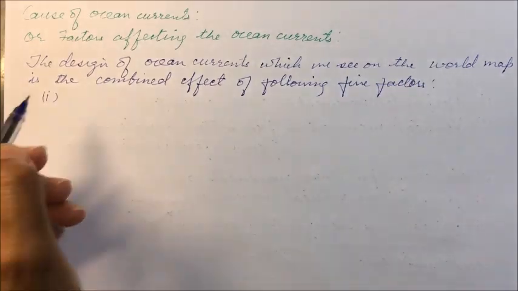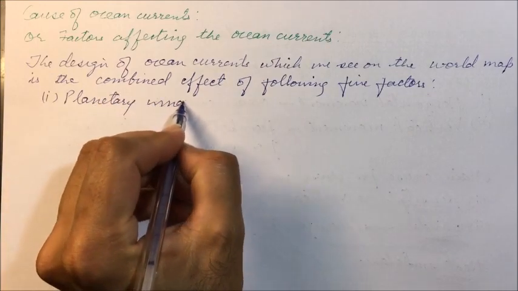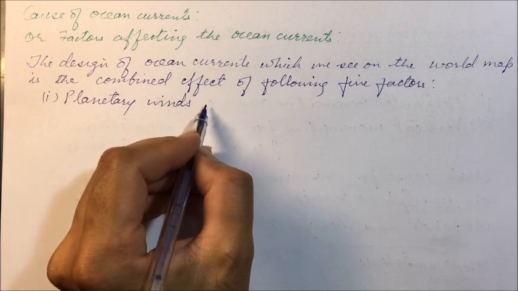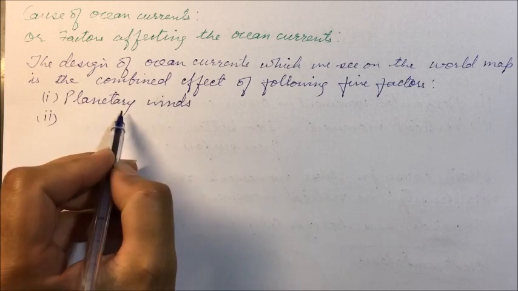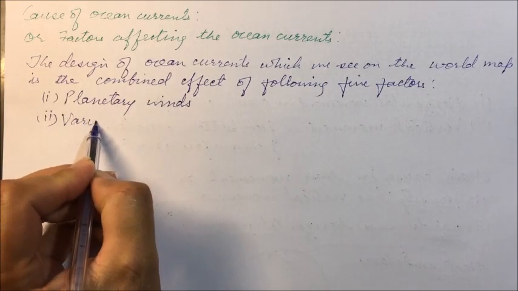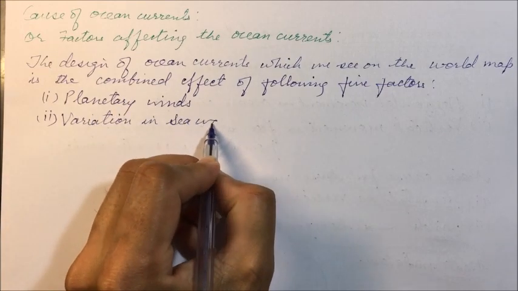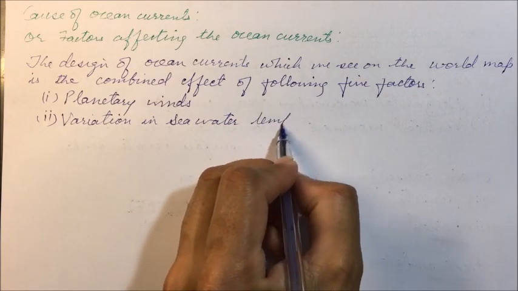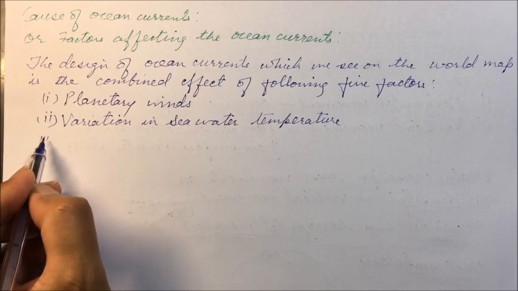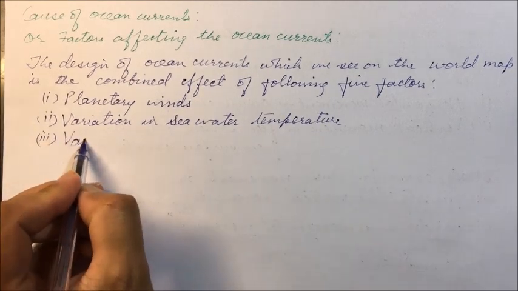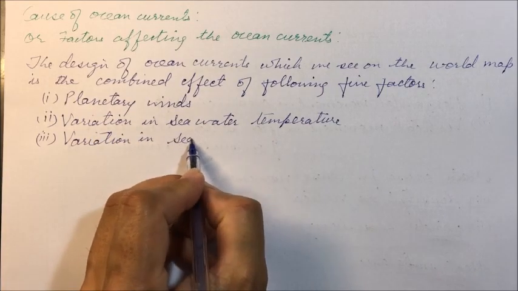And these are first, planetary winds. They are as well called as prevailing winds. They are kind of permanent winds. And second is variation in temperature, that is variation in seawater temperature. Third factor, variation in seawater salinity.